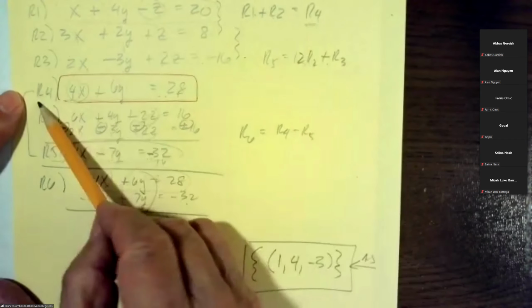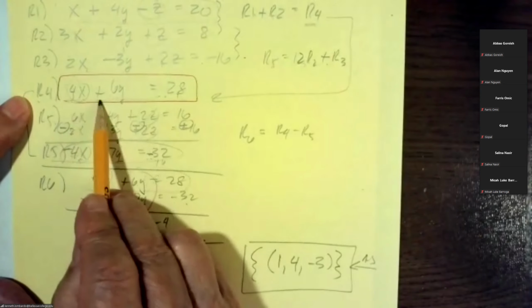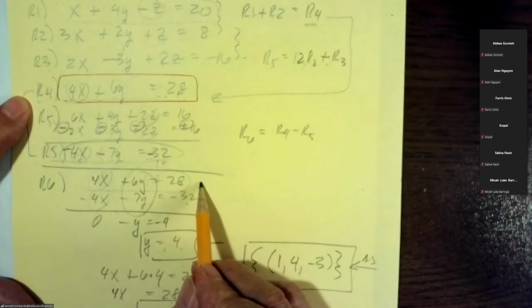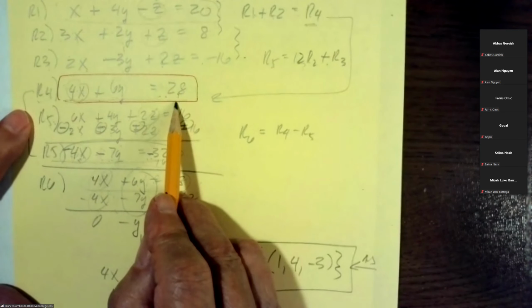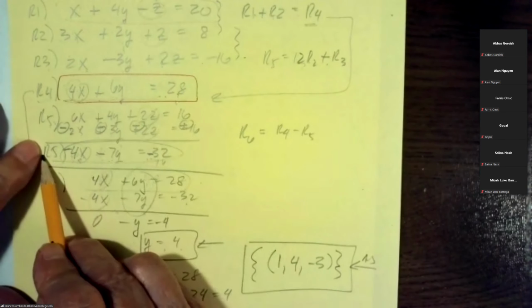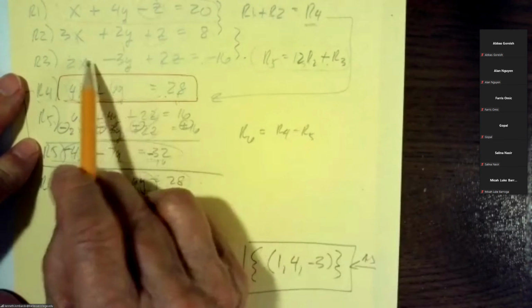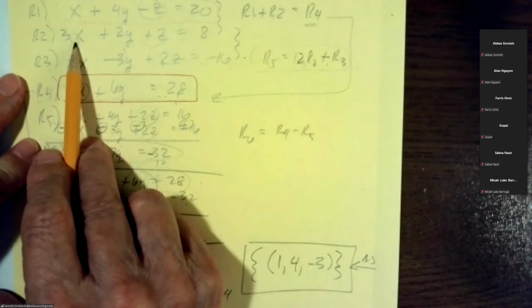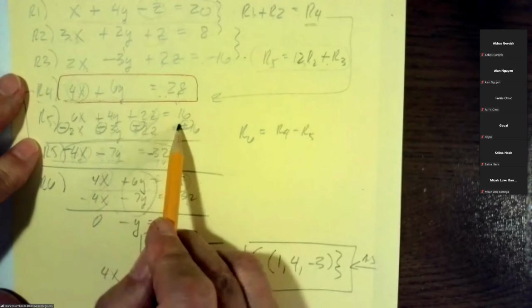I called it equation 4 and put it here: 4x plus 6y equals 28, which I was able to use later. Then I said, let's combine 2 and 3 and eliminate z and call it row 5. So row 5 is going to be equal to 2 times row 2, which is this value here, plus row 3. When I multiplied this by 2, I ended up with 6, 4, 2z, 16.